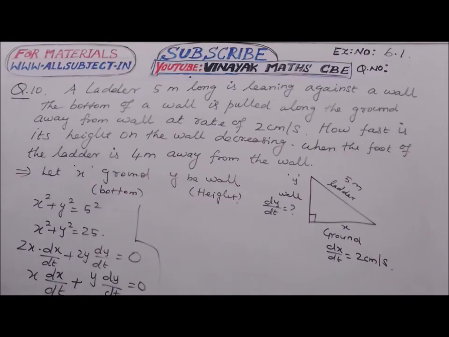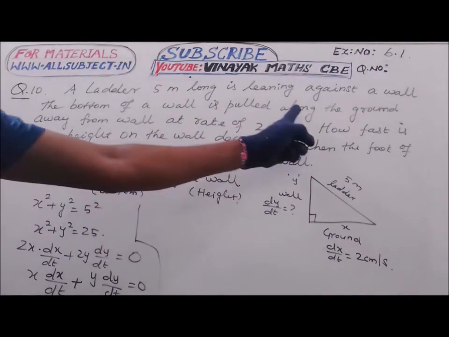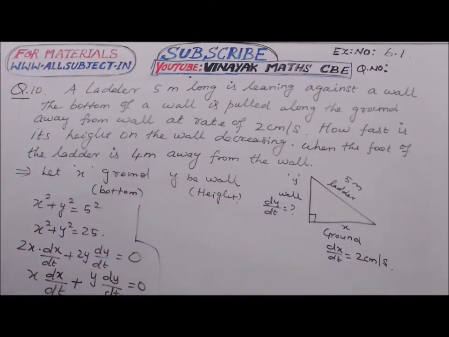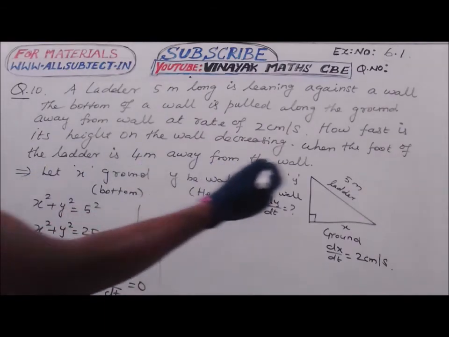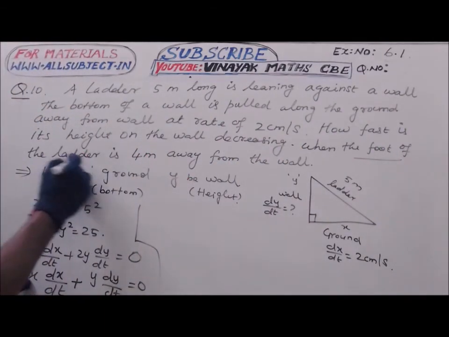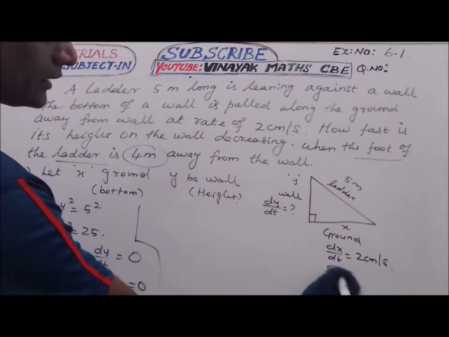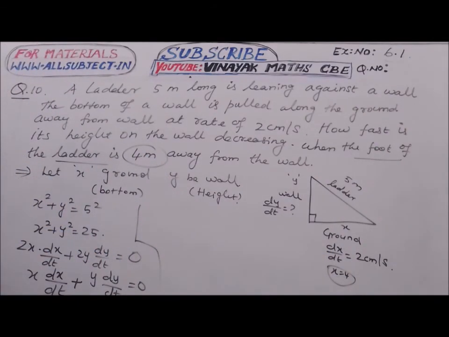Given dx by dt is 2 centimeter per second, we can substitute 2 for dx by dt, and the value of x, when the foot of the ladder is 4 meter away, that is x is equal to 4. At the time of dx by dt 2 centimeter per second, x is 4. So x and dx by dt are given, and we need the value of y here.